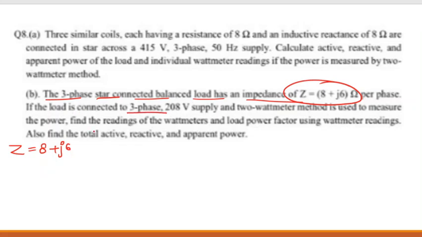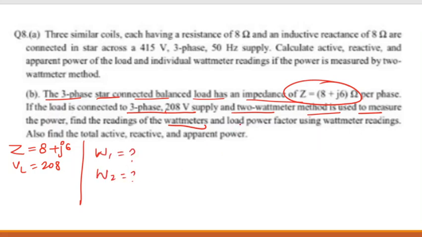The load is connected to three-phase 208 volt, meaning VL is 208 volt. The 2 wattmeter method is used to measure the power. Find the readings of the wattmeters, meaning we need to calculate W1, W2, and the load power factor, meaning cos phi, using the wattmeter readings.